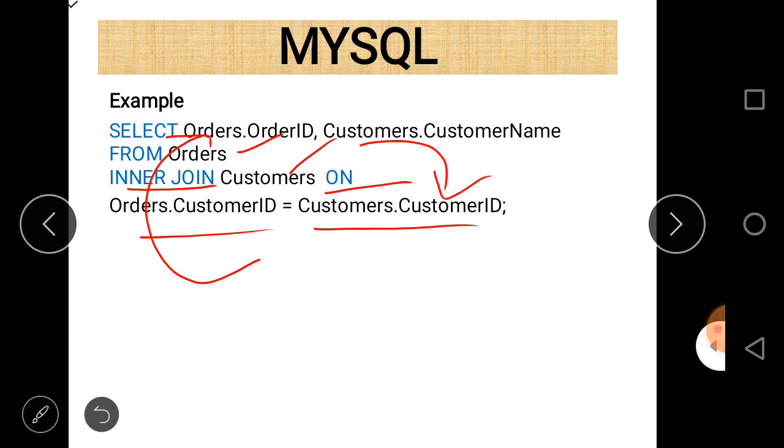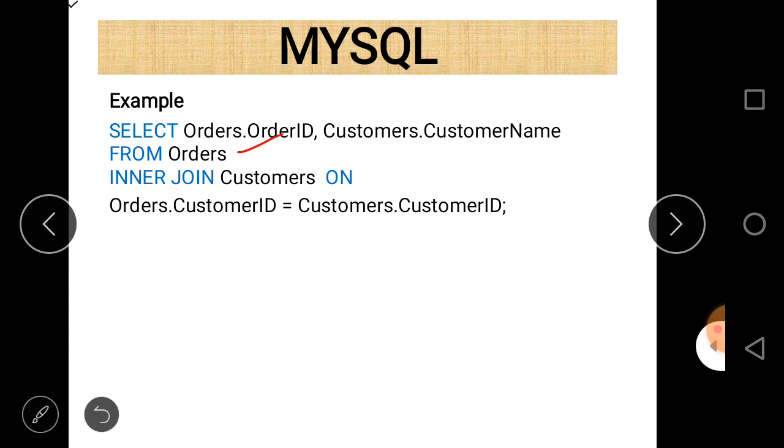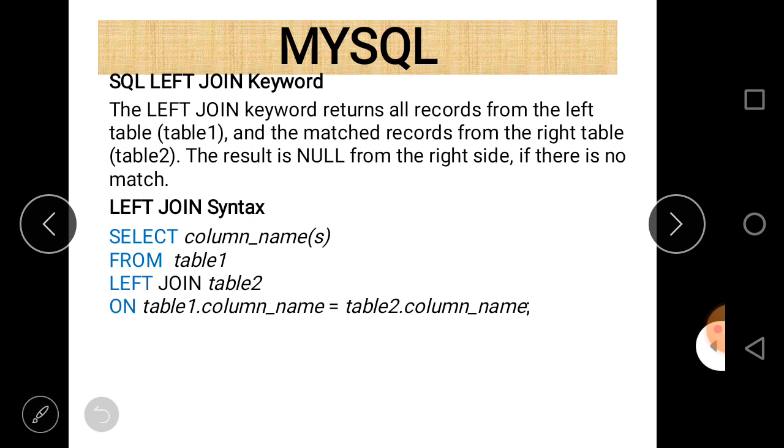So orders dot customer ID is equal to customers dot customer ID, and when we execute this, these two tables are joined together on the basis of customer ID. That is an example of inner join.